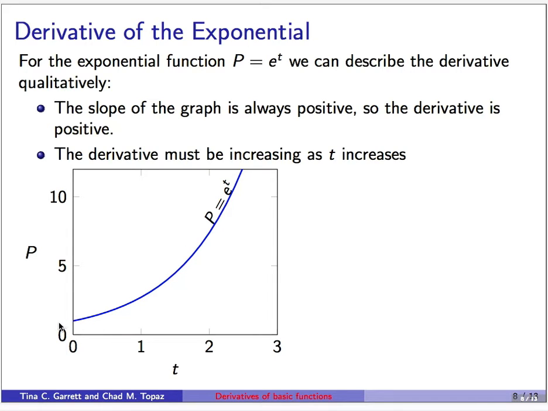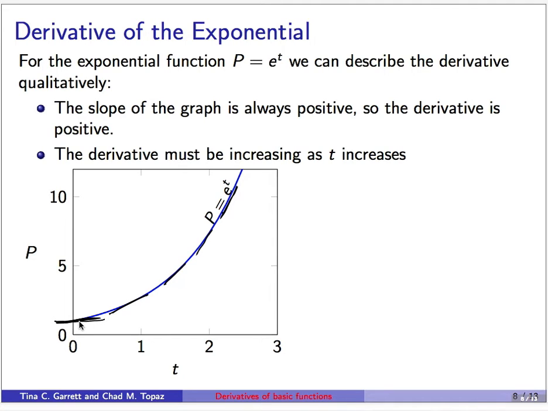If I think about derivative in terms of slope, you might think of the slope right there as being a slightly small positive number. The slope there, still positive, but it's a little bigger than the previous slope. And so what you might notice when you look at the exponential function is all the slopes are positive, so the derivative should be positive.